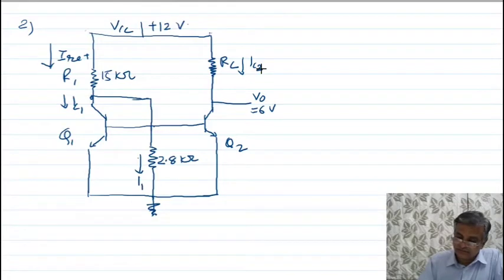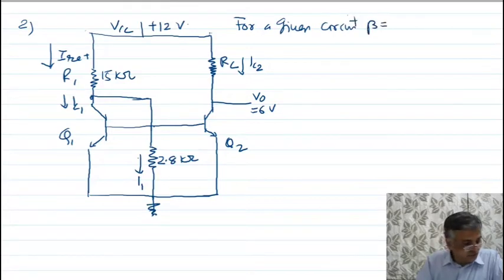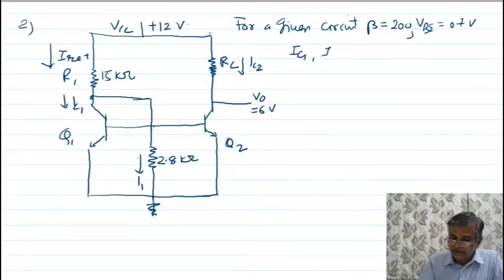Okay, I am telling you the question. For the given circuit, if beta is 200 and VBE is equal to 0.7 volt, calculate IC1, IC2 and IO. If the output is IO, this is nothing but the IO.